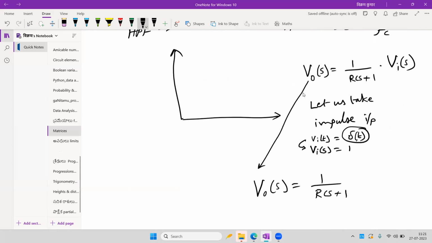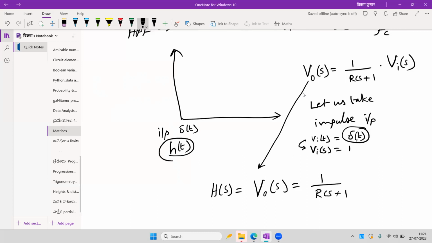Whenever you are giving an impulse as input, the output we write as H of S, because when the input is delta of t, the output itself becomes H of t. Why?